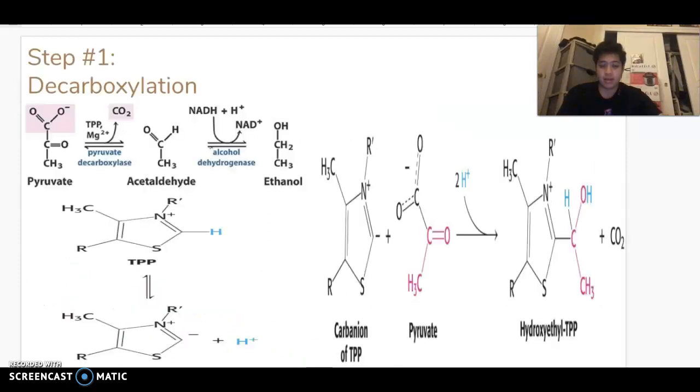So what does that mean? Let's break down each step. Step 1, decarboxylation. This looks a little confusing, so let me break this down for you. First, pyruvate combines with the ionized form of TPP and is then decarboxylated to yield the hydroxyethyl TPP. You're going to notice 2 separate reactions occurring.